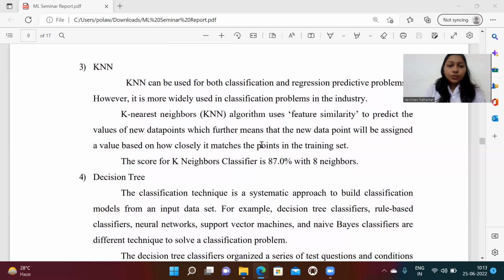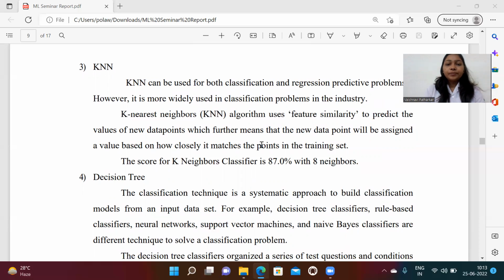In the classification problem, KNN tries to predict the correct class of the test data by calculating the distance between the test points and the training points. That means it calculates the probability of the test data belonging to a particular class.